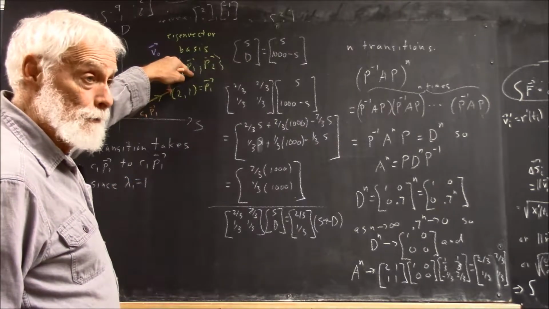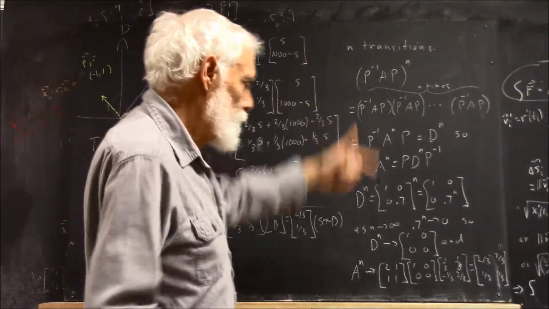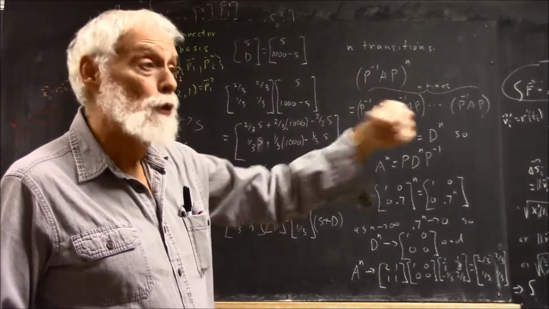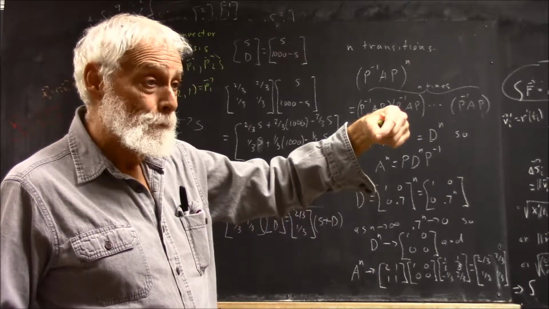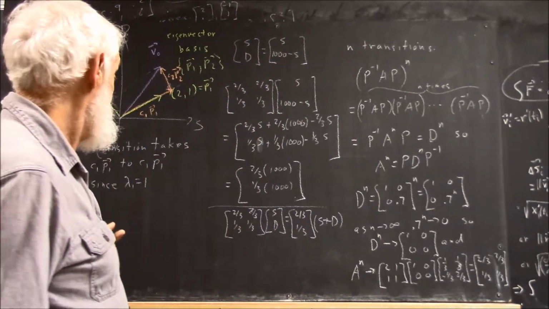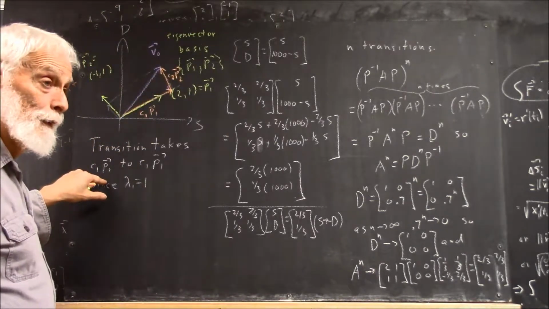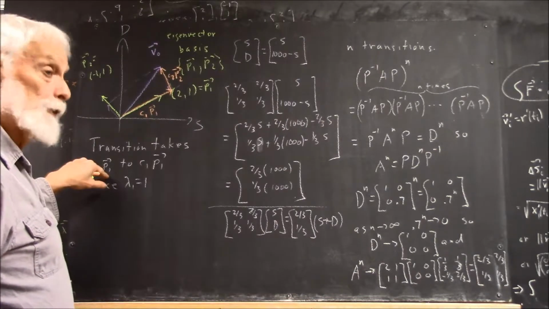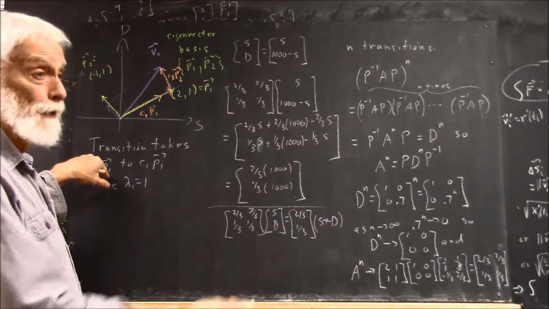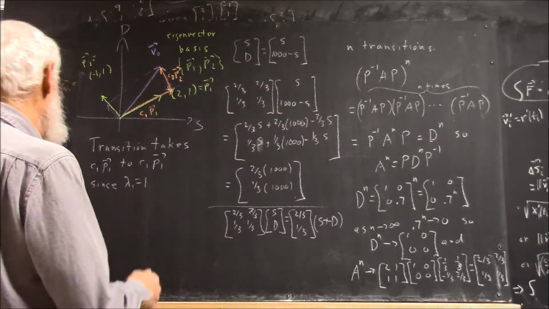As we found out, back on the previous board, the vector with eigenvalue 1 was the 2, 1 vector, right? Okay? C1, P1 to C1, P1? Yeah. Because we do the transition on C1, P1, well, the transition is C1 times the transition of P1, right? What does the transition do to P1? It maps it onto itself because it's an eigenvector with eigenvalue 1.